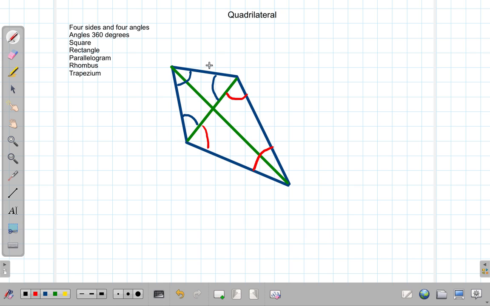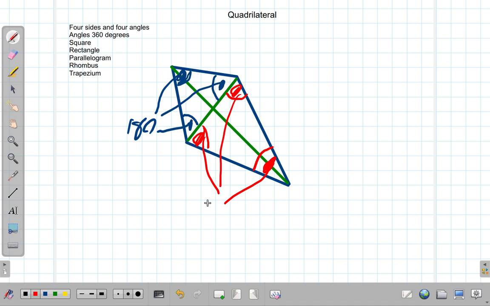Now the thing is, when you add them up, right, I have this plus this plus this, that's 180 so far. They add up to 180, plus this angle here, plus this angle here, plus this angle here.